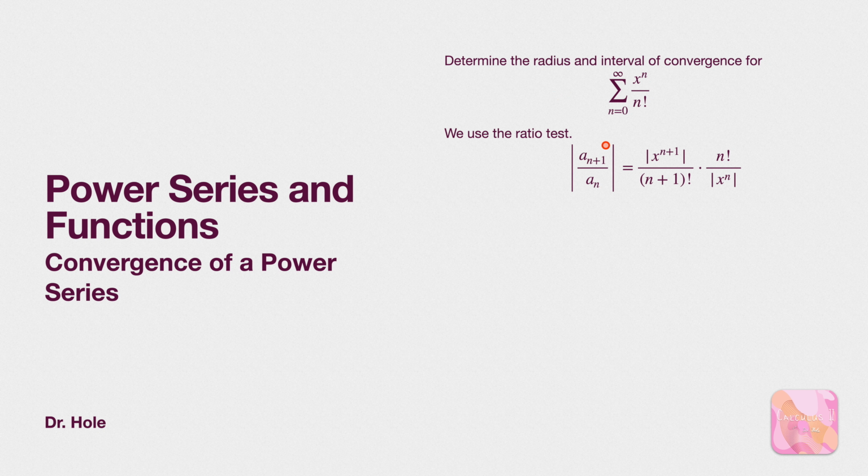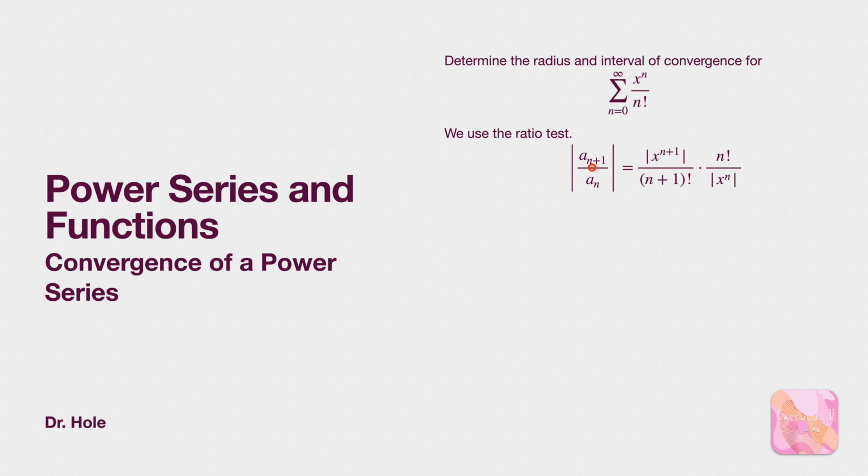Recall again, that's because we use the absolute value of the ratio of the next term over the current term. Looking at a sub n plus 1, x may be positive or negative, so when we write down an x, we always want to make sure to maintain the absolute values. n is a non-negative value, so we can throw away the absolutes when writing down n's.